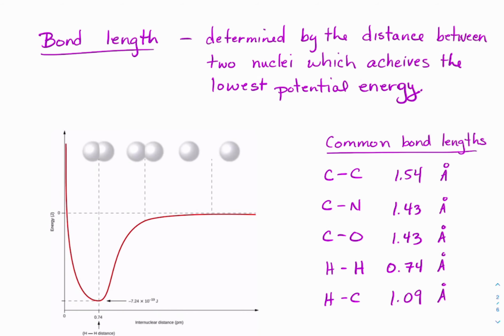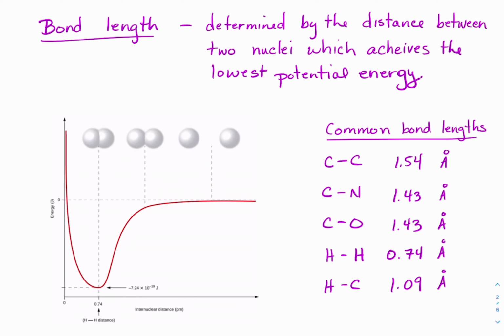So let's take a look at bond length. Bond length is essentially determined by the distance between two nuclei of different atoms, which achieves what we call the lowest potential energy. If you could draw a graph where the y-axis is the potential energy between two atoms' nuclei, and the distance between those atoms is on the x-axis.